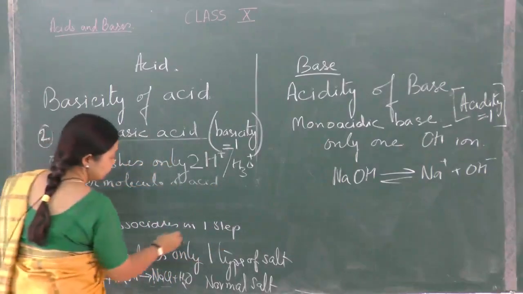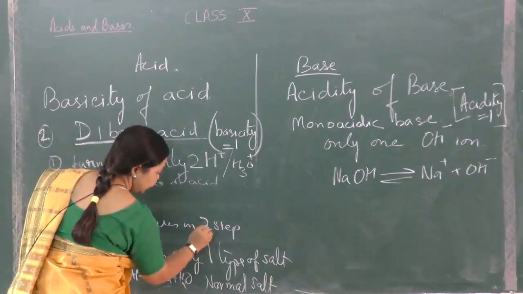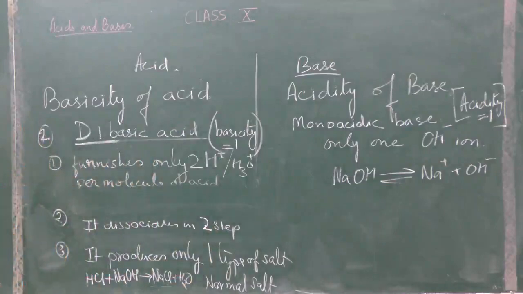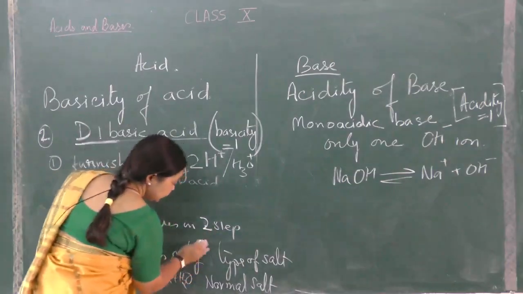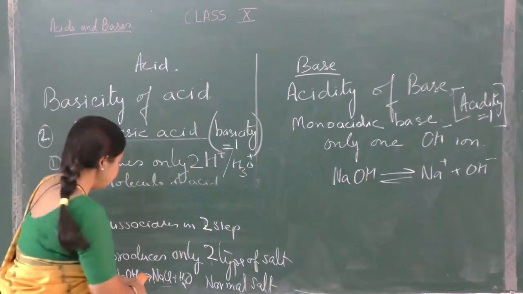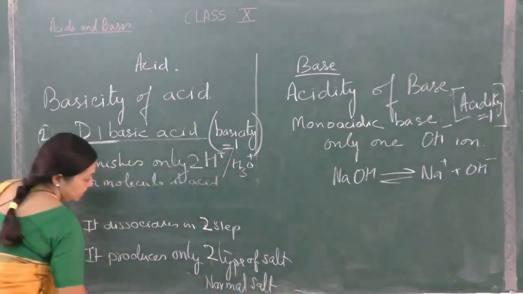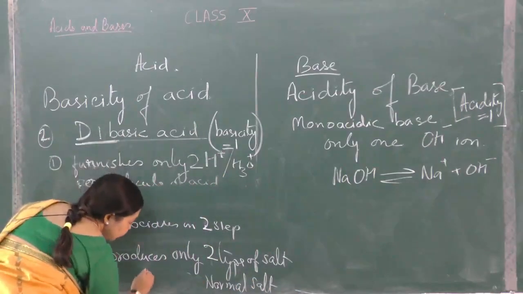And this dissociates in 2 steps. I'll give the example just now. It dissociates in 2 steps and it produces 2 types of salt. One is a normal salt and the other is an acid salt.